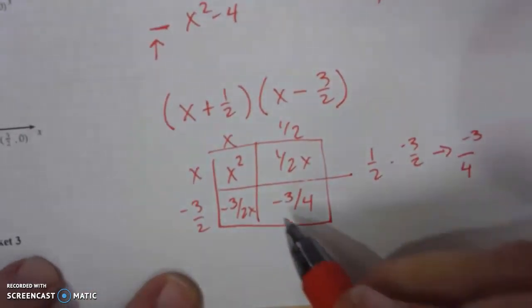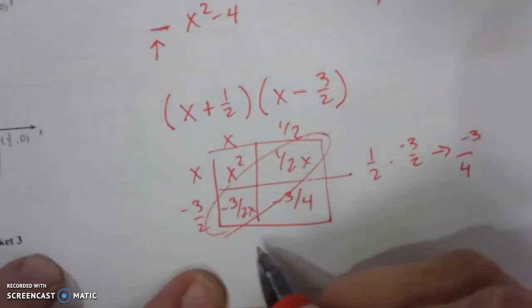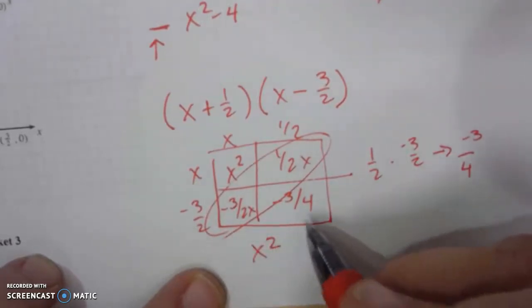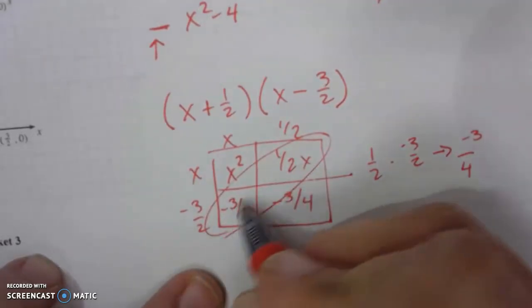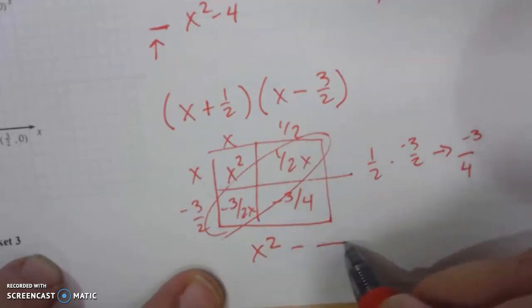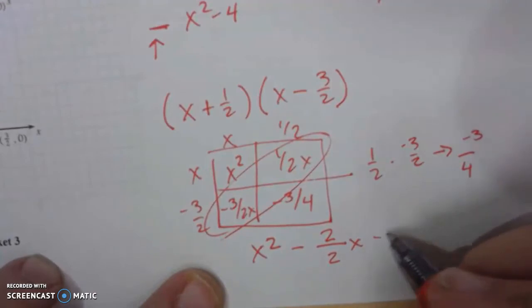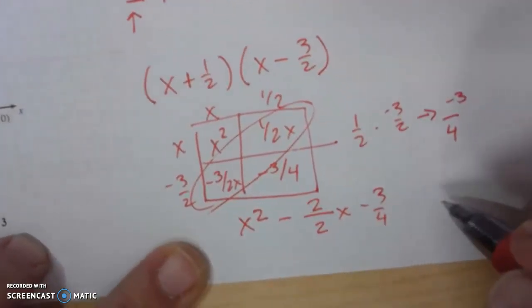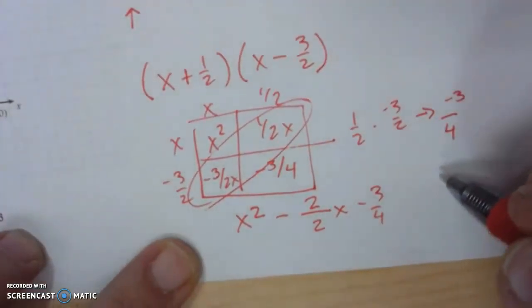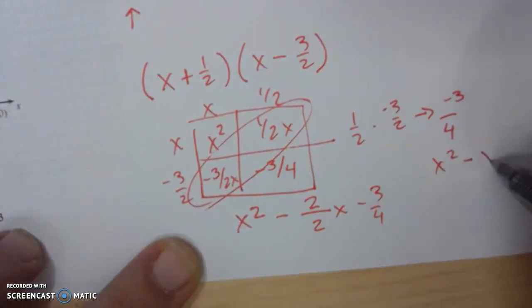So this equation, when I add this together, I'm going to get x squared. -3/2 plus 2 is going to be negative something over 2. -1x, or just 1, minus 3/4. So let me rewrite that. X squared minus x minus 3/4.